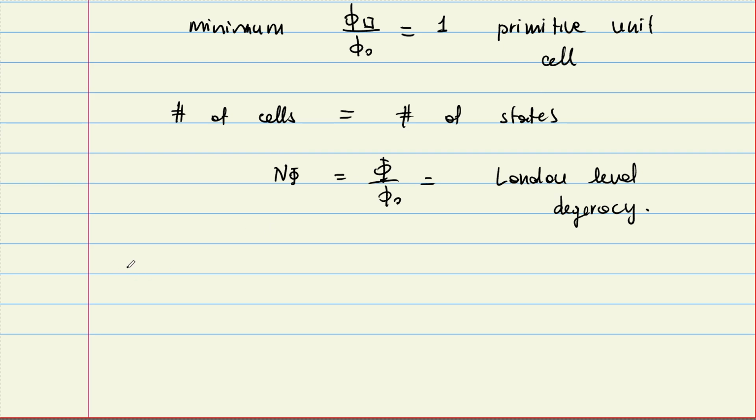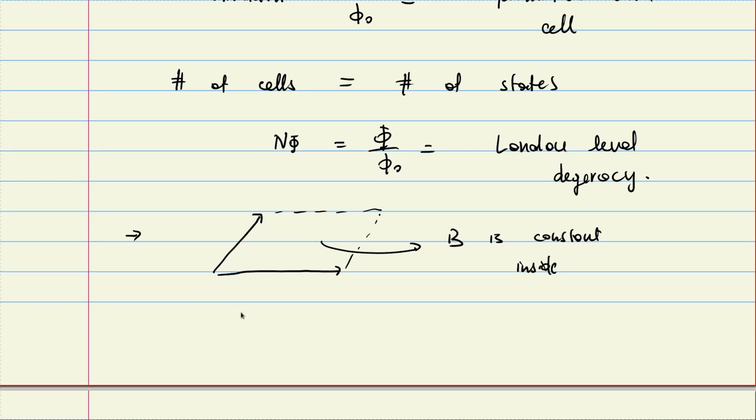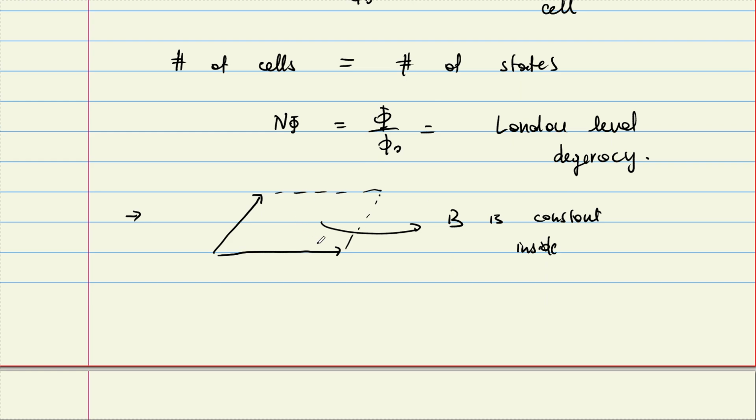Let's also see if we can understand degeneracy. So here's the plaquette we wrote above. And B is constant inside. But if I continuously deform this plaquette in such a way that the area is conserved, maybe I can open it up something like that.